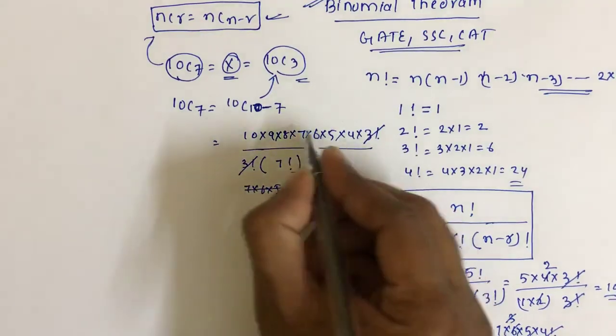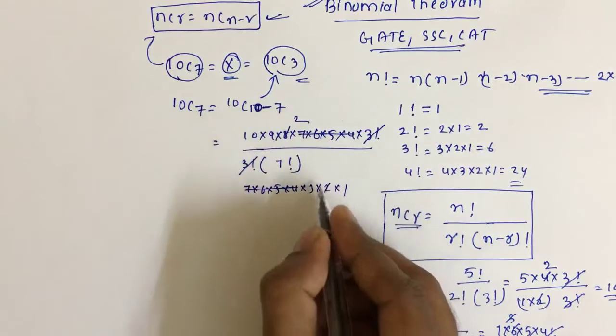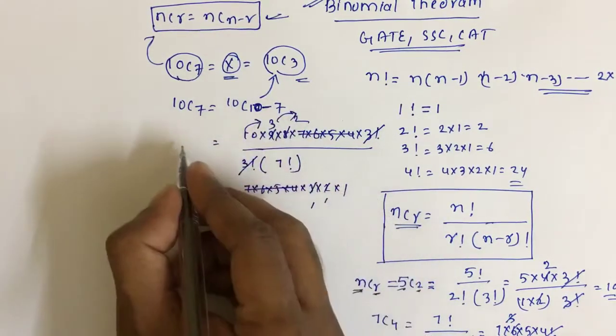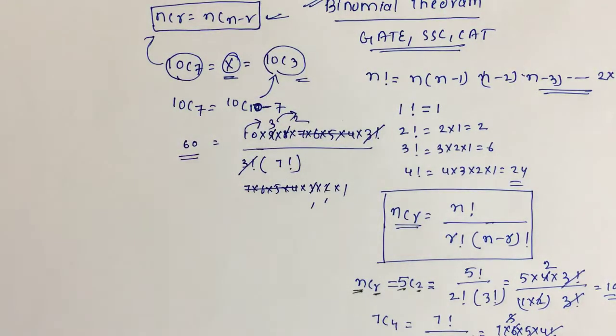These four values get cancelled. Now 2 ones are 2, 2 twos, 3 ones, 3 threes. 10 threes are 30, 3 twos are 60. So the answer will come out to be 60.